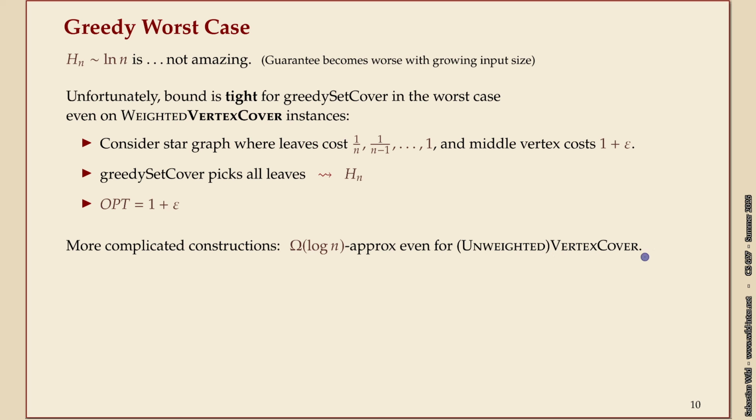Of course, you can do better on vertex cover. We've seen the approach with matchings last time. But this is for greedy. You can show that this specific algorithm is not doing so well. This kind of logarithmic growth seems inherent.